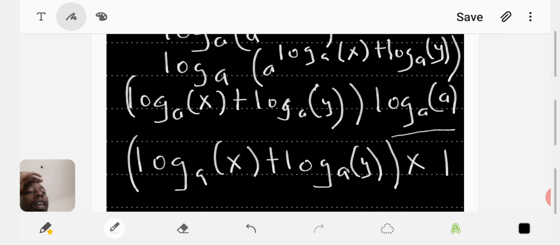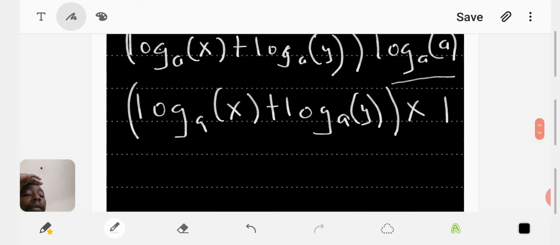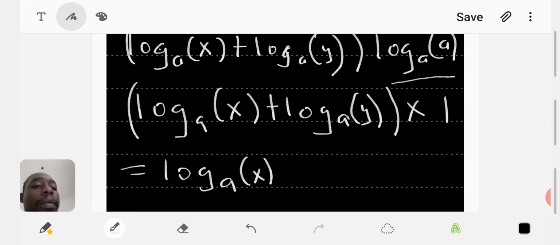I hope you understand. And you should know that anything multiplied by 1 remains the same. So our answer would be log to the base of a of x plus log to the base of a of y.